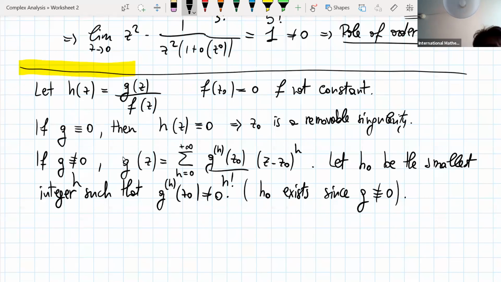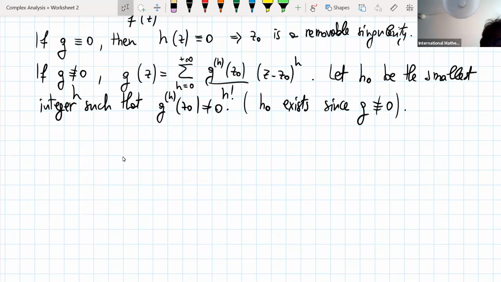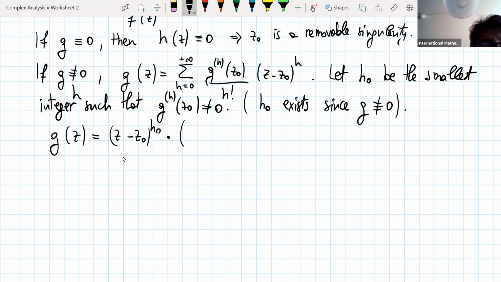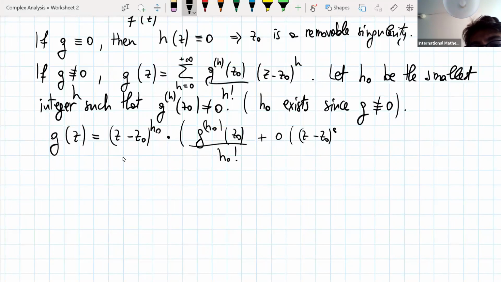Once again, we find that g of z can be written by isolating first (z minus z0) to the n0 times g^(n0)(z0) divided by n0 factorial plus some terms which are of order bigger than 0.